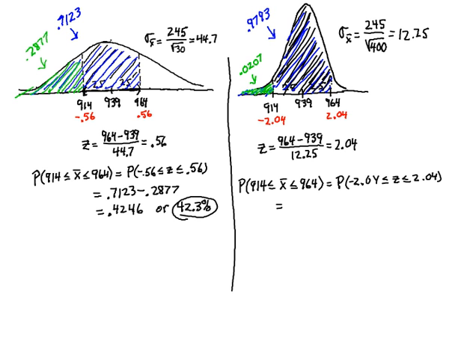That will be 0.9793 subtract 0.0207, which is 0.9586, or 95.9%.